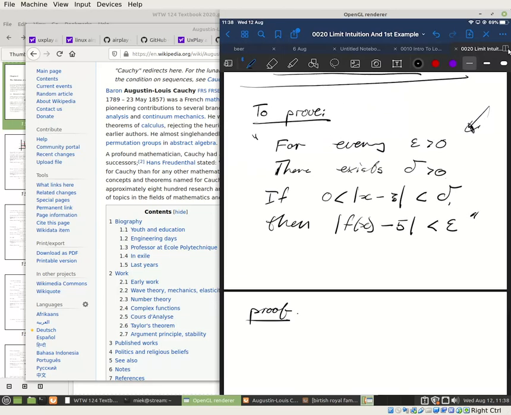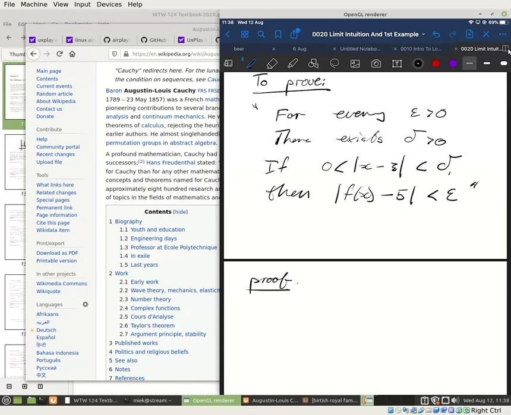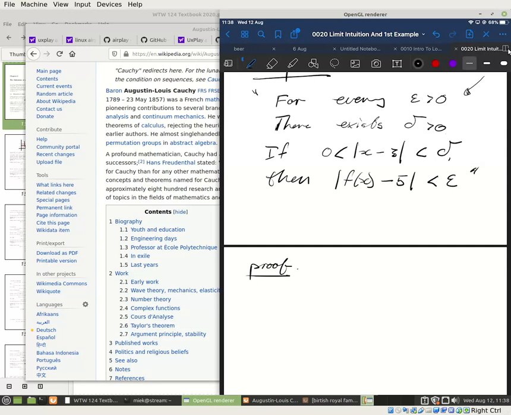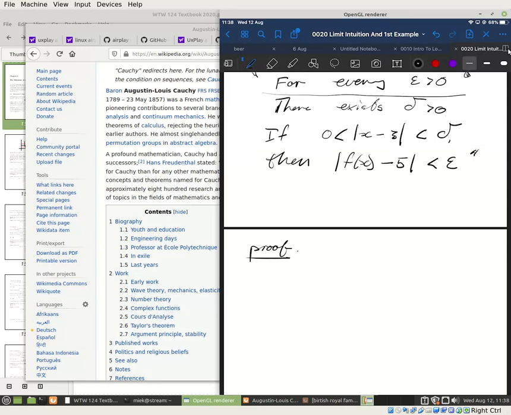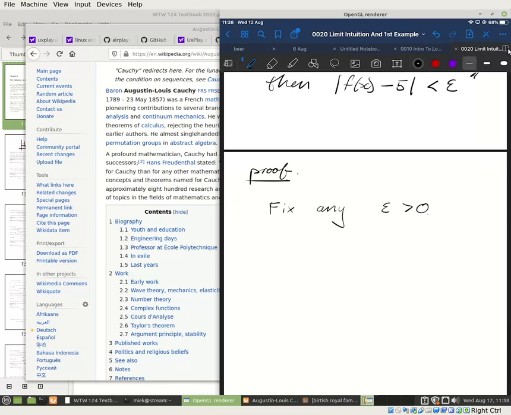Now remember, how do we write a proof outline? You look at the statement that you want to prove, and you start at the beginning. We want to prove something for every epsilon. So the first thing you do is fix any epsilon greater than 0. Then next thing, what do you want to do? We want to show that there exists a delta.